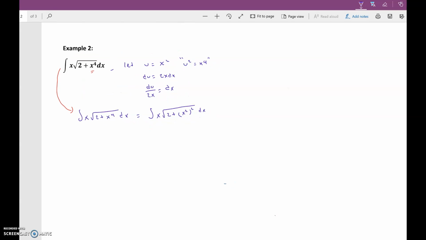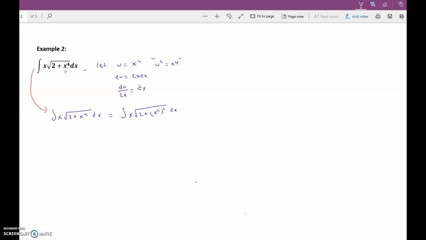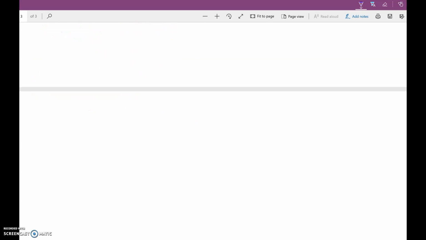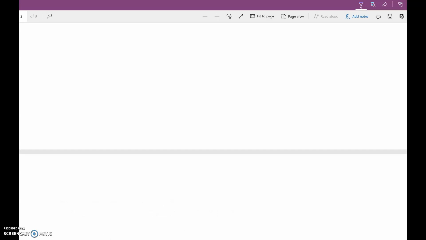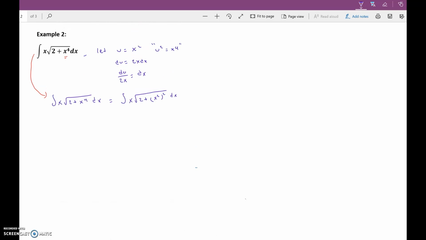So that's the substitution that I'm trying to do. The idea is maybe it's possible to rewrite it as formula 68. That's the closest one that I see, but that's only because of the x to the fourth. So let me rewrite it.